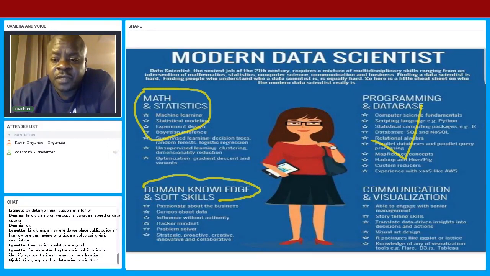You can also find data scientists working for the same organization, sitting next to each other, but talking completely different languages based on their domain knowledge. For example, someone working on the customer side might not have the same domain knowledge and the same tools as someone working on the finance side. But what brings them together is problem solving, hacker mindset, being strategic, proactive, creative, innovative, and collaboration. Collaboration is very critical in data science.